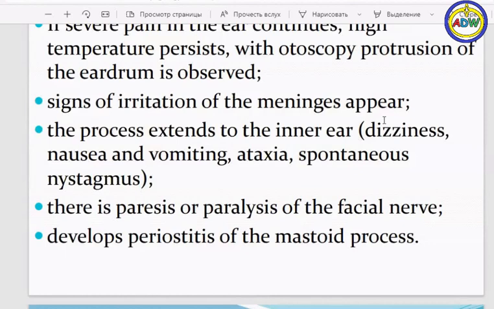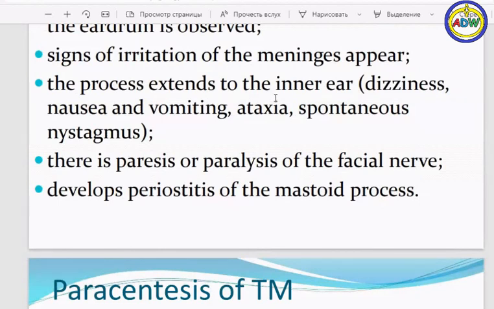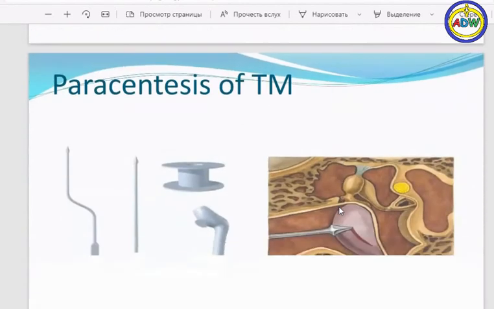This is the rigidity of the back, next vomiting, nausea, Kernig's or Brudzinski signs also. It can be that the process extends to the inner ear, and we can understand it by dizziness, nausea, vomiting, ataxia, spontaneous nystagmus. And if there is paresis or paralysis of the facial nerve, periostitis of the mastoid process develops.